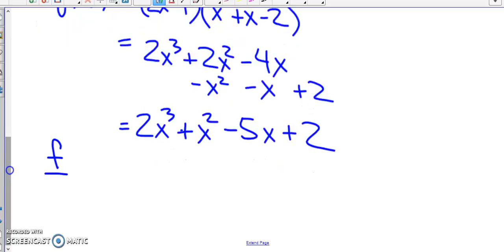So let's compute f over g of x. What would that look like? Don't think too hard.